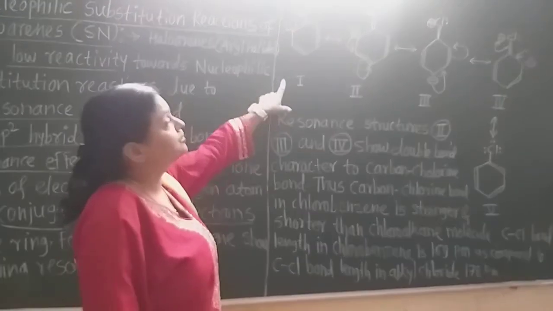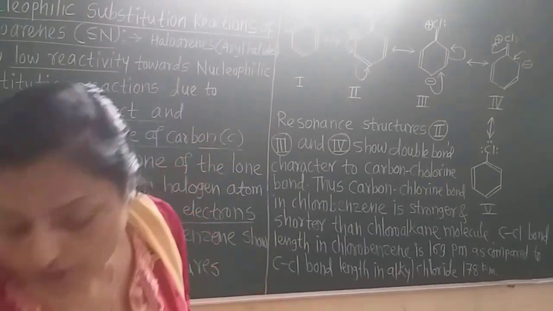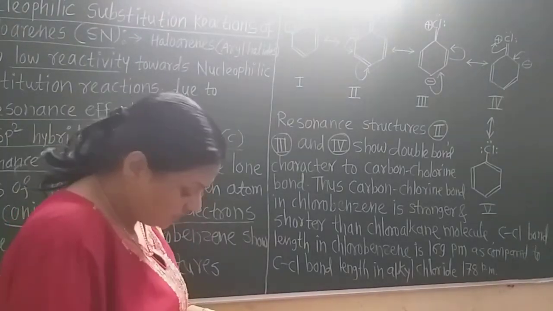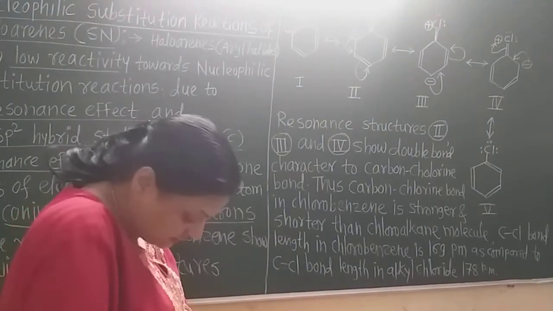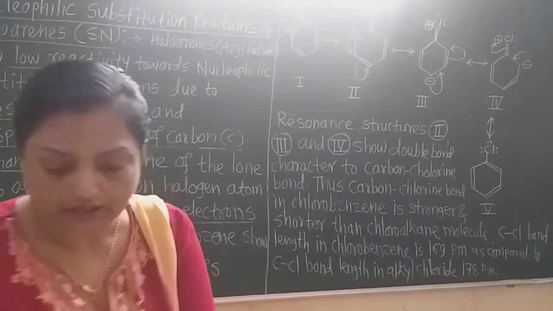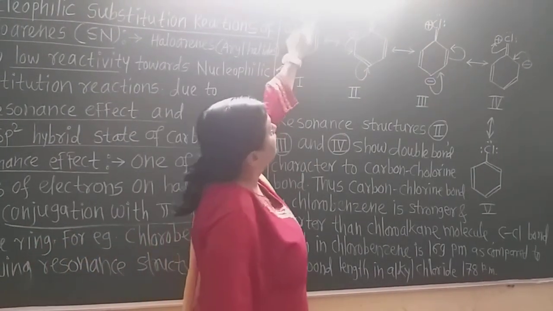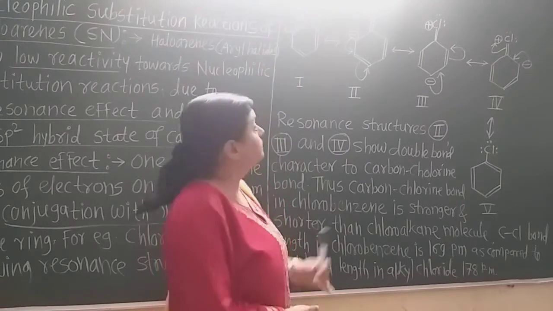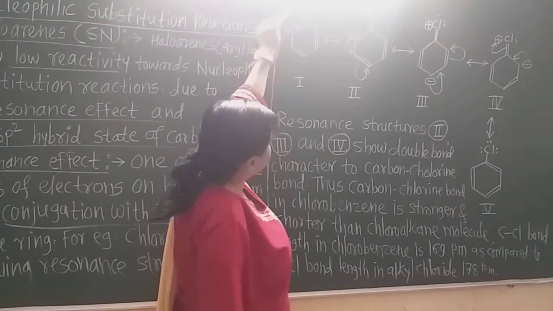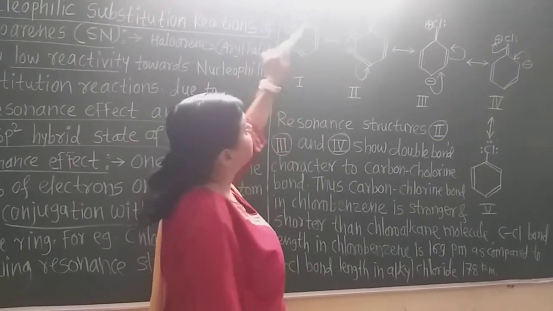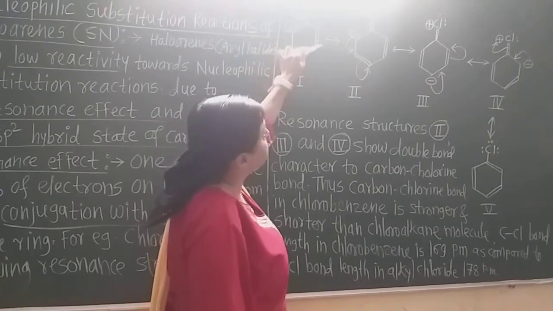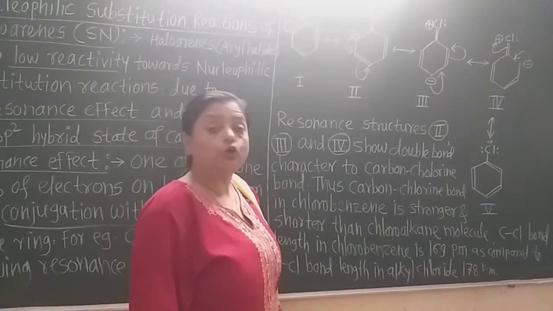Now this is the first resonating structure here. On the chlorine there are 3 lone pairs of electrons, 1, 2 and 3. Out of that, one lone pair is always in conjugation with the pi electrons. These are the 3 pairs of pi electrons of the ring.